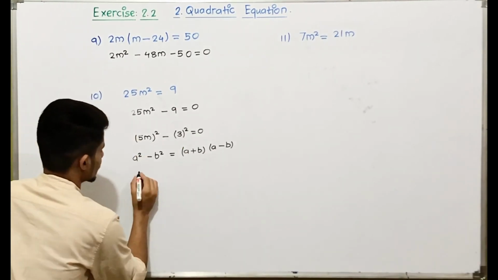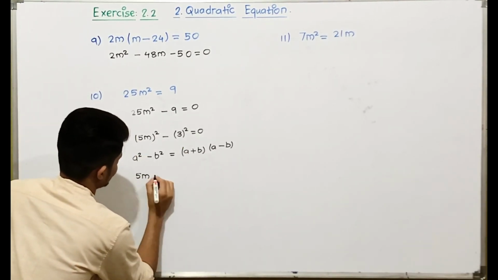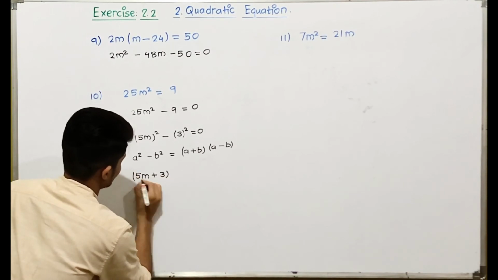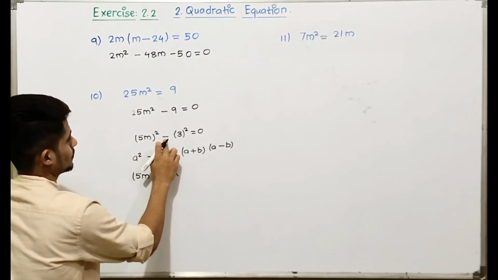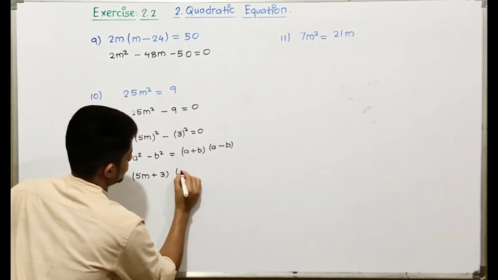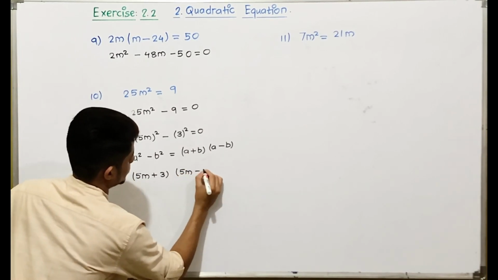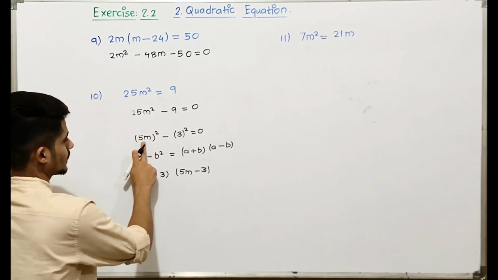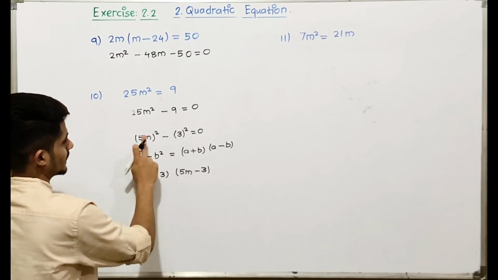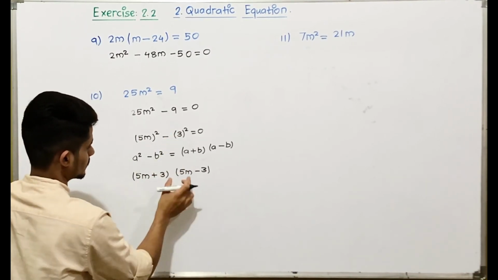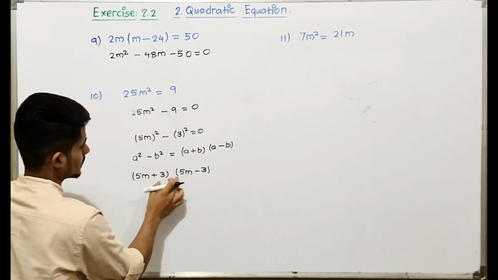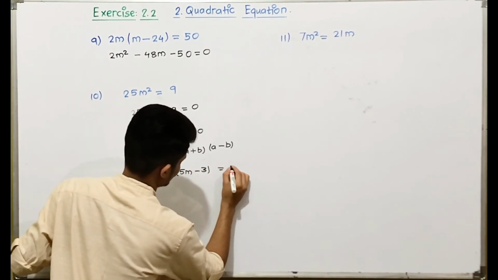So we'll be using it, that is 5m plus 3 and 5m minus 3. A plus b and a minus b, that is (5m plus 3)(5m minus 3) is equal to 0.